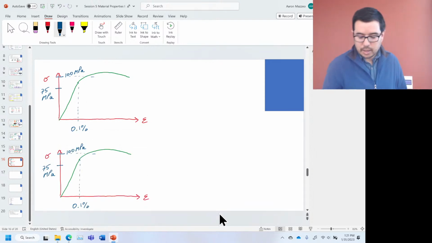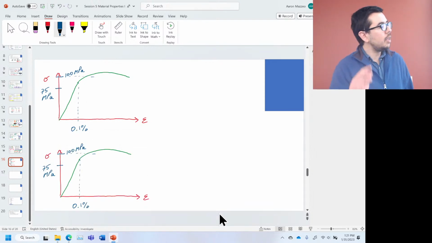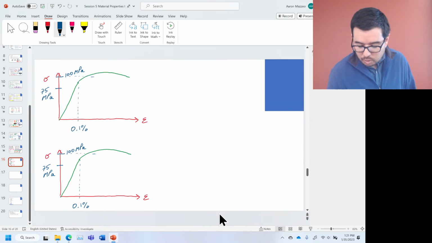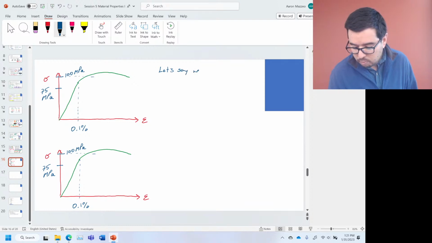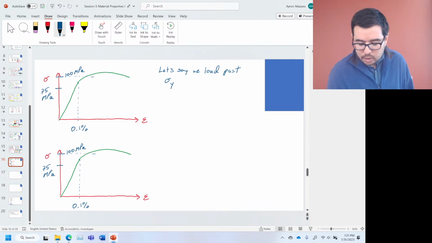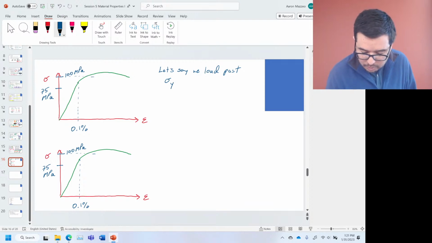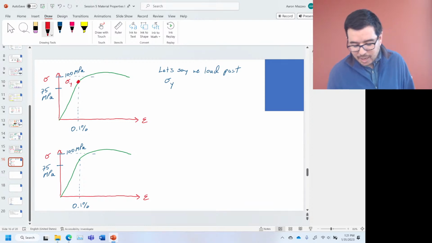So in the first case, let's say that we load past sigma y. All right, so where is sigma y? Well, sigma y is here. Let's just say I don't know what it is.